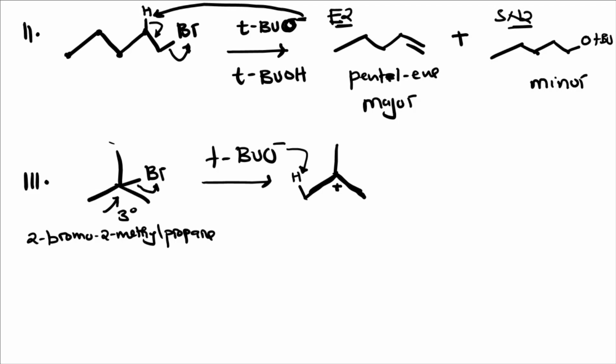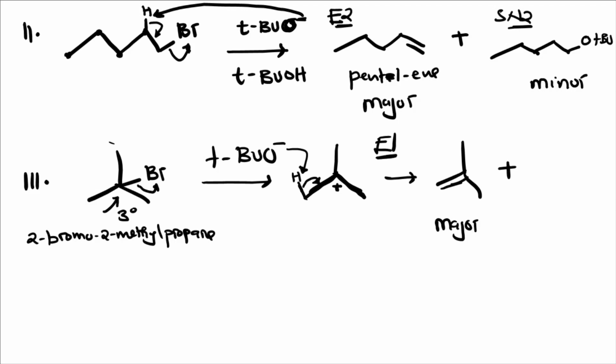This is a beta hydrogen. Then these electrons are going to collapse here. So the product that you are going to form as a major product is this product here. This major product is formed by an E1 reaction mechanism.